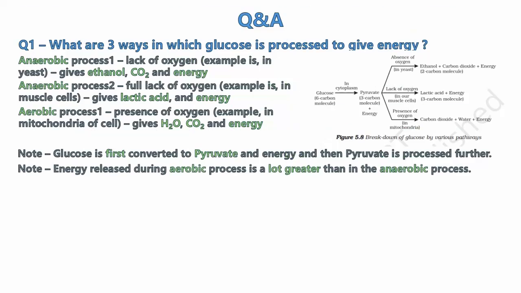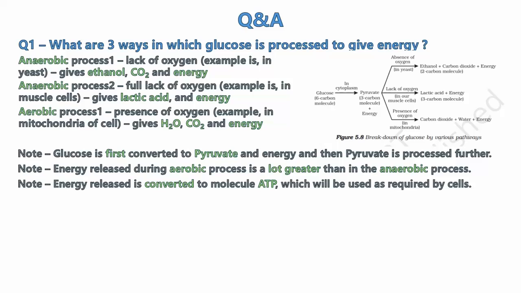Okay, and the energy released during aerobic process, that is when you breathe in the oxygen and the blood supplies oxygen to the cell, gives you a lot greater energy than the anaerobic process. In presence of oxygen, the energy which is generated is much more than the anaerobic process.